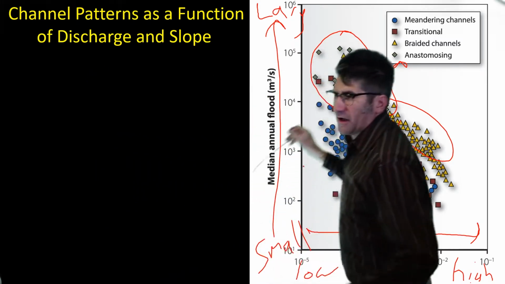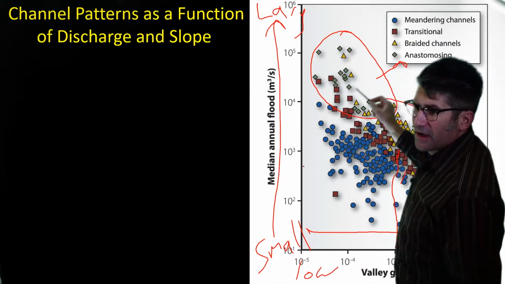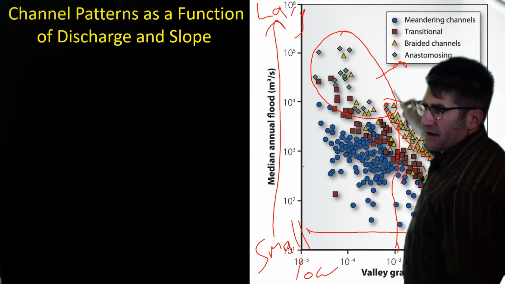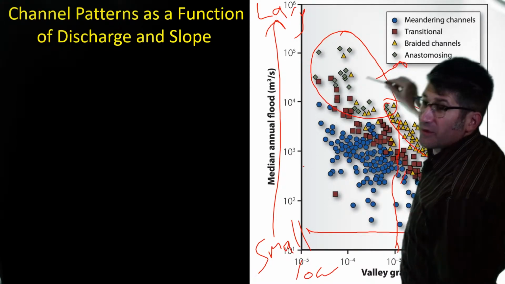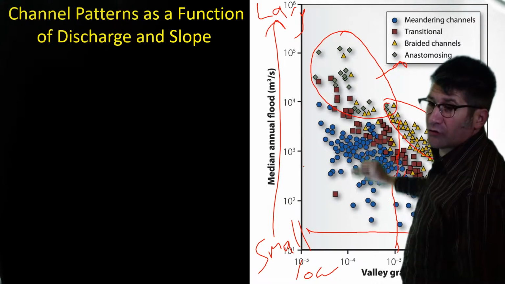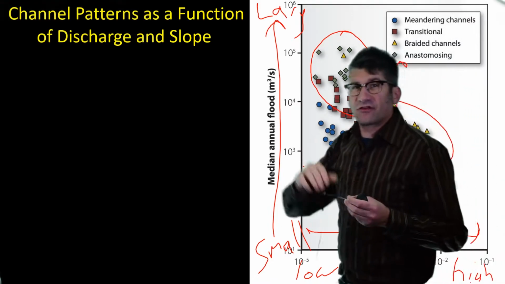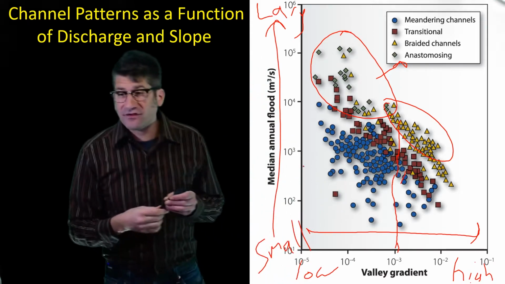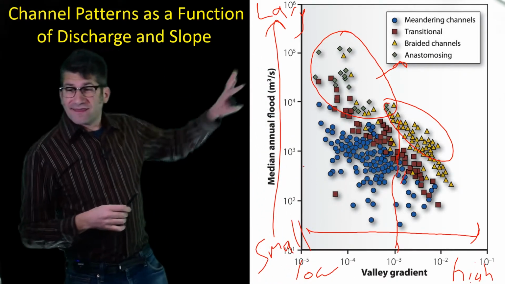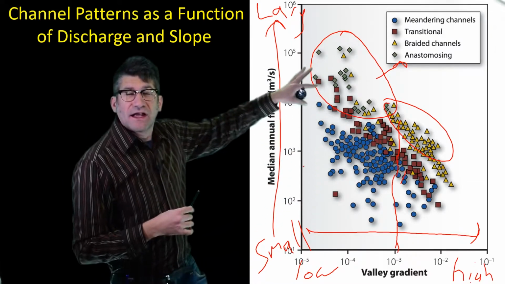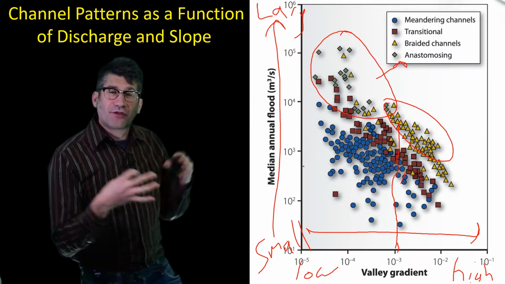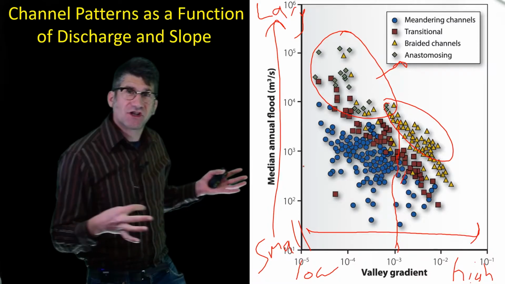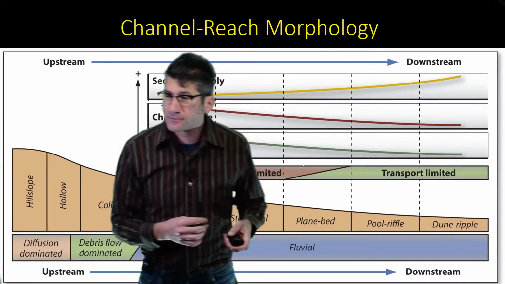We've got relatively high discharge, so up here, but we've got relatively low gradients, and so we have less erosive potential of the stream, and we're able to vegetate those islands. So this is a really nice way to think about how a river and its form is related to both the size of the river in terms of discharge and the slope of a river.